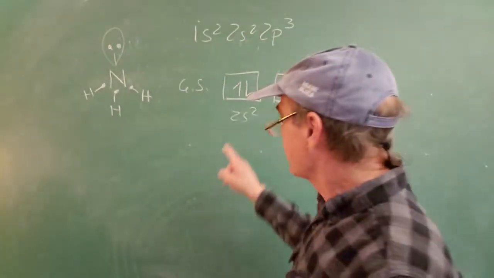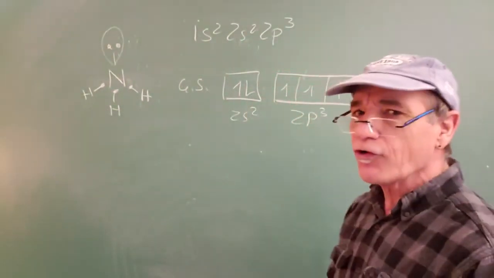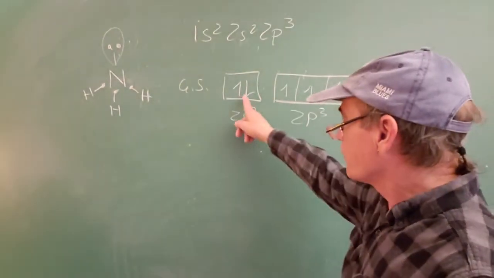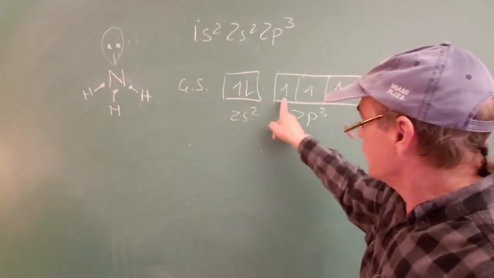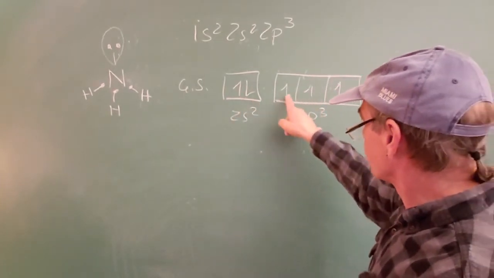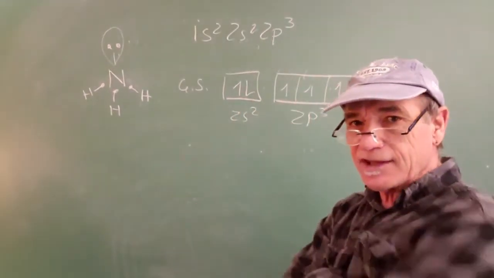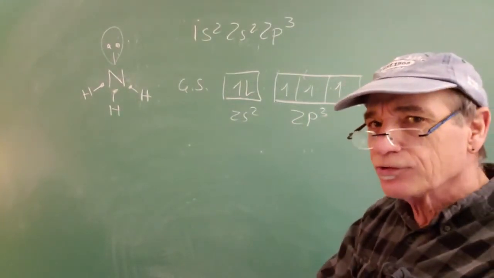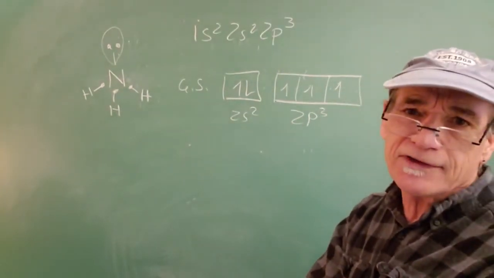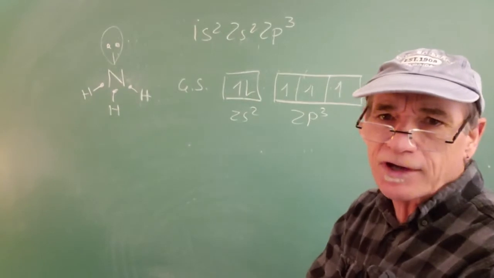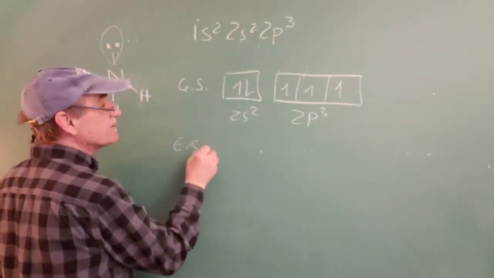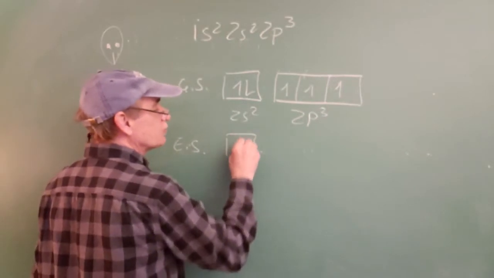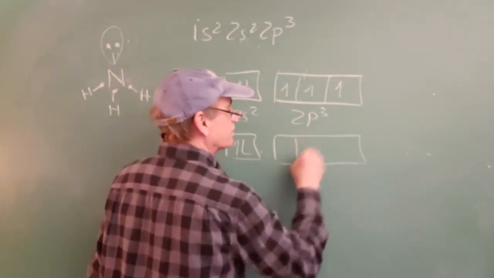Apparently I don't have to rearrange my electrons at all. My box diagram shows a pair here, which could represent the lone pair on the nitrogen. Here are the 3 single electrons that could represent potential bonding sites for the hydrogens to latch onto. There was really no need for the nitrogen to promote an electron or move anything around. It just turns out coincidentally that the excited state would have no change. We'll just leave the electrons where they are.